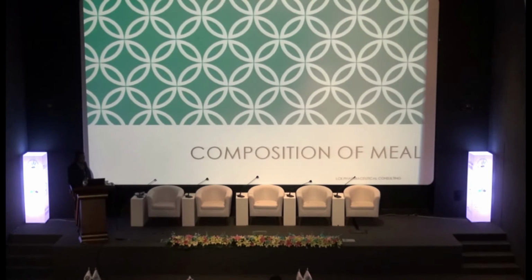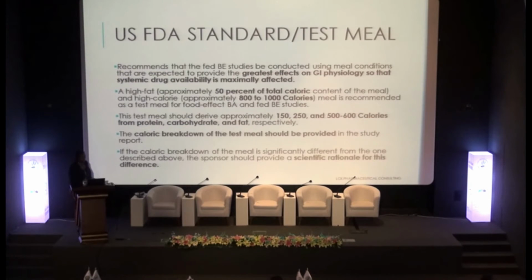So now that we've talked about the guidances, the similarities, and how the meals are administered during the fasting and fed study, let's talk about the composition of the meals.